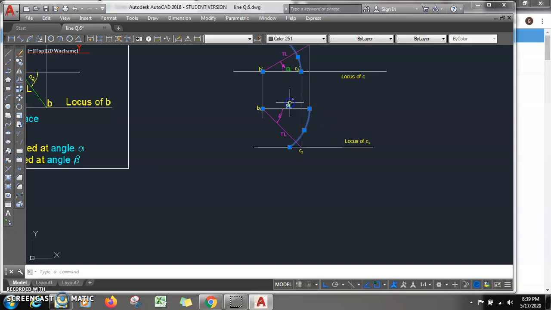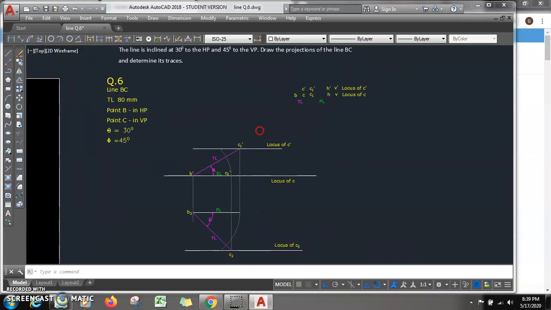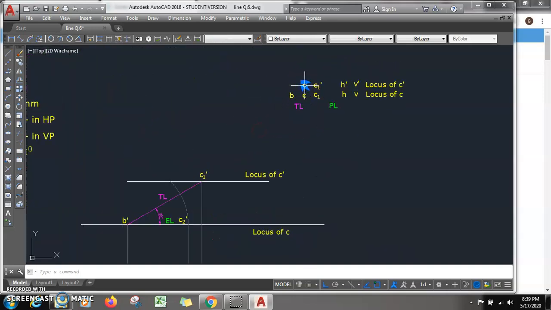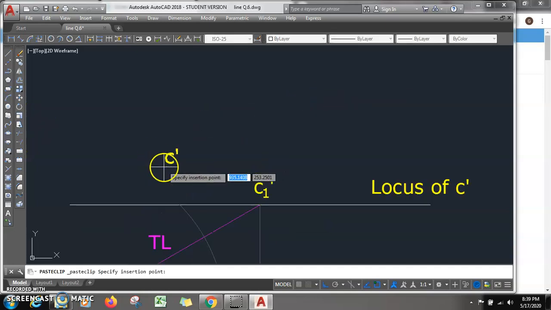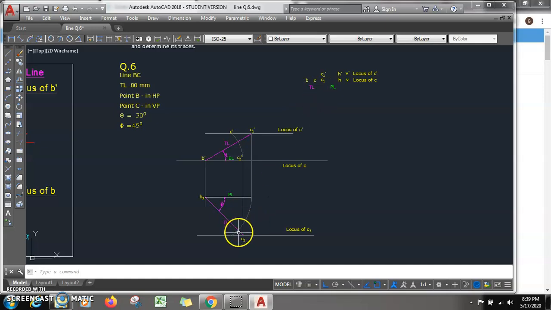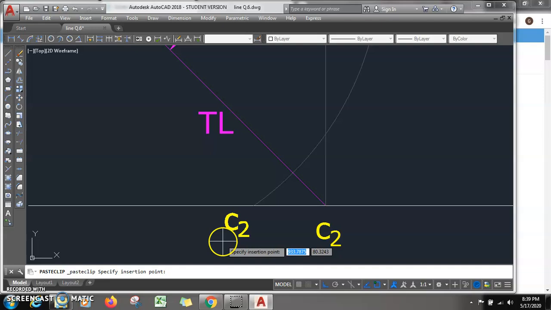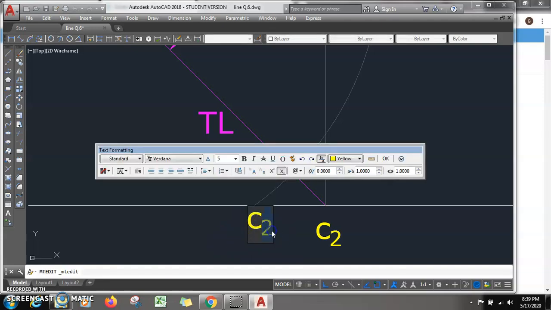Once we have these arcs, what will this point be? This point will be called C dash, and what will we call the point you get here? This will be called C3, because this is not the final one. You see, this is C3.